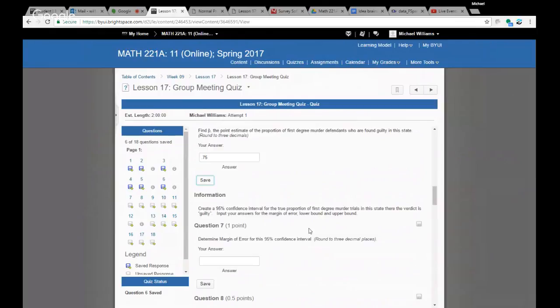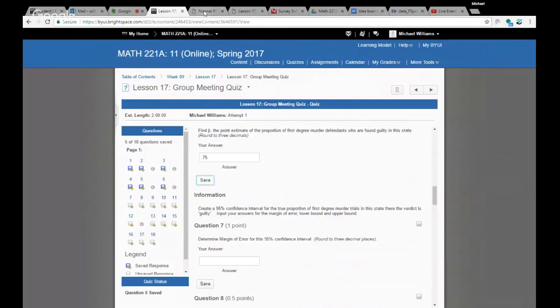So we have our p hat, which is 0.75. So 0.75 times 0.25, divided by n, which is 60 people, right? Divide that by 60, then we're going to take the square root of that number.